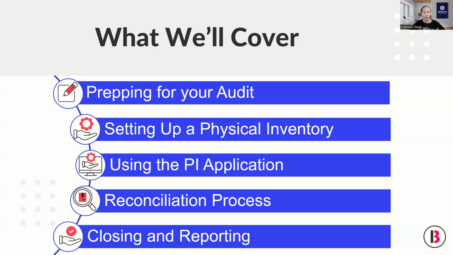Then we'll talk about reconciling discrepancies, and finally, we'll wrap up with closing the inventory and reporting. Now, throughout the session, feel free to send in your questions using the chat feature, and we'll answer as many as we can during the session and during our QA at the end.